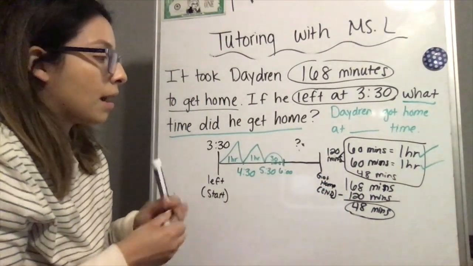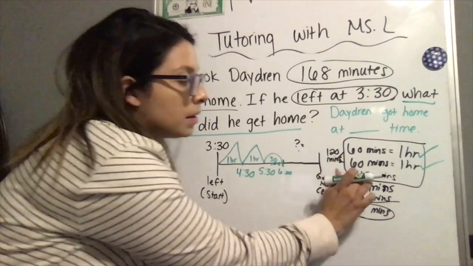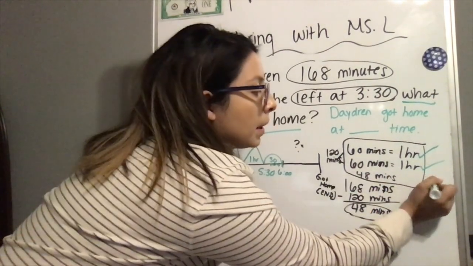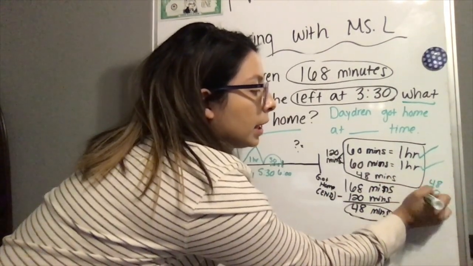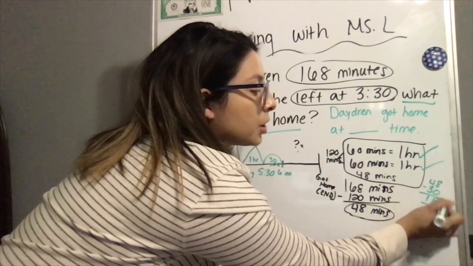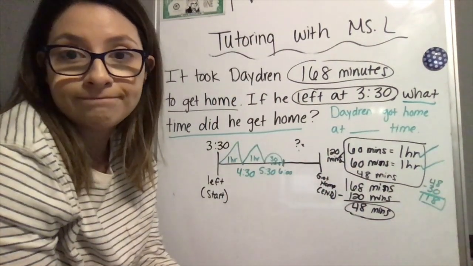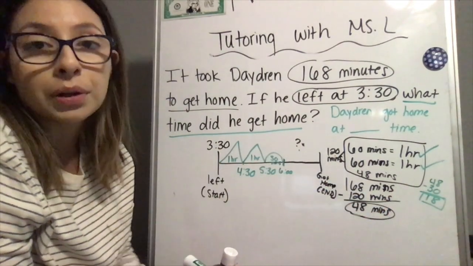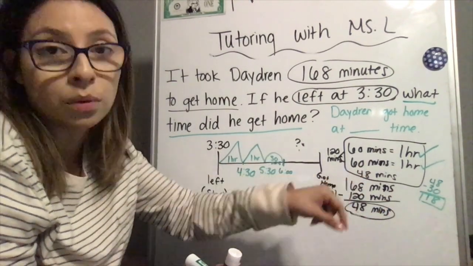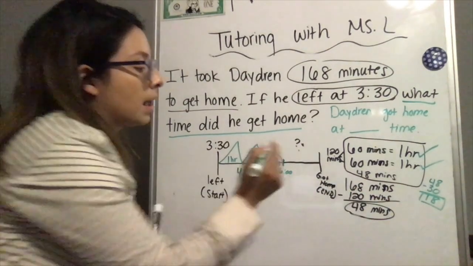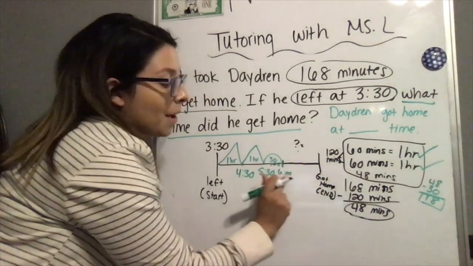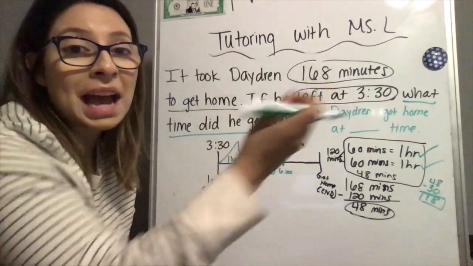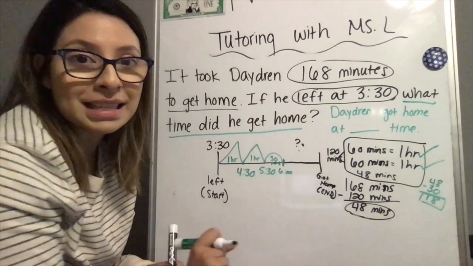Okay, so now I did 30 minutes. So this 48 minutes, I'm going to now do 48 take away 30. And I'm left with just 18 minutes. Okay, remember that 30 minutes I got because I just went over 30 minutes from my 48 total minutes. So now I have 18 minutes left. So I'm going to do, guys, if I'm at 6 o'clock, I could just add 18 minutes. 6:18, right?